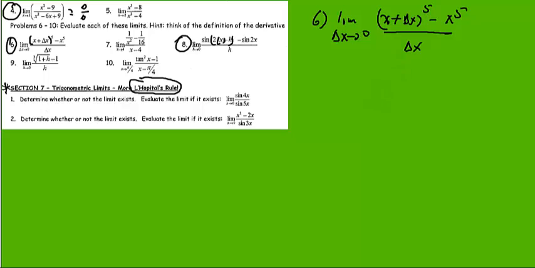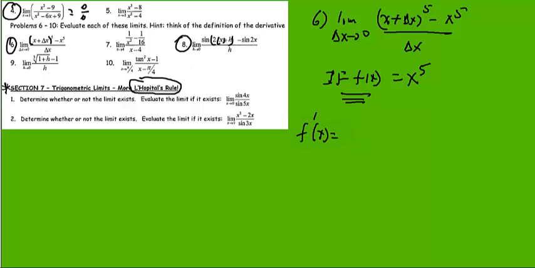It might look like you're taking a limit of this, but remember that if f of x is equal to x to the 5th, and I ask you to find the derivative of this function the long way, then you use the derivative formula.